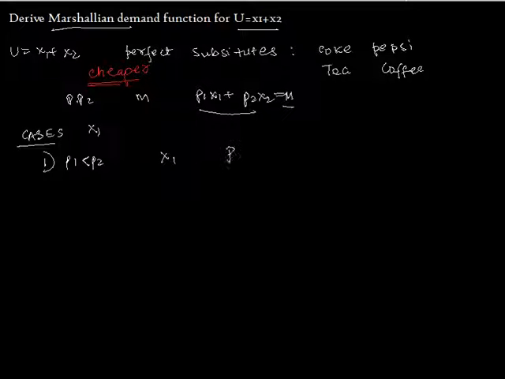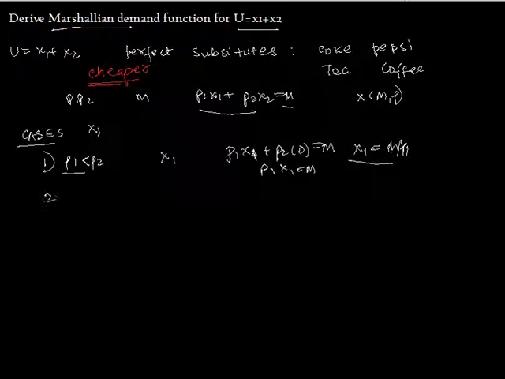So your budget line becomes P1x1 plus P2 into 0 equals M, so x1 would be equal to M upon P1. Clear? And this is the Marshallian demand function in this case, because it is in terms of income and prices. Remember that Marshallian demand functions are always in terms of income and prices.